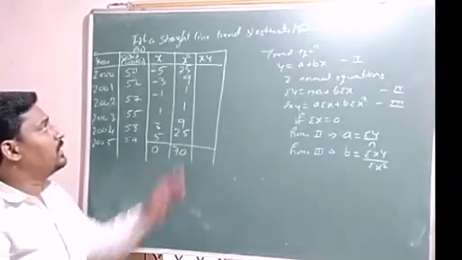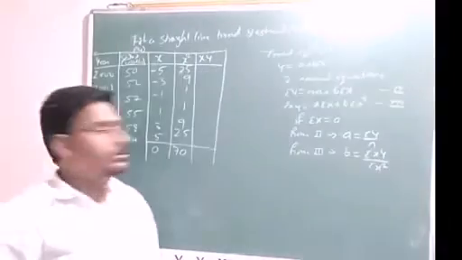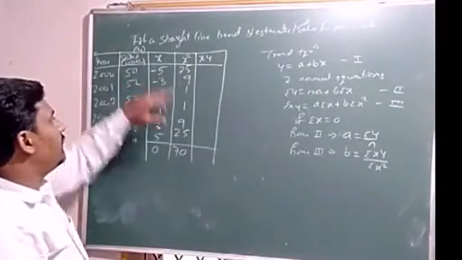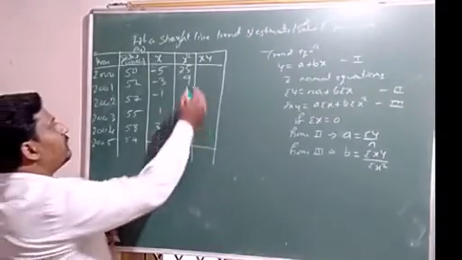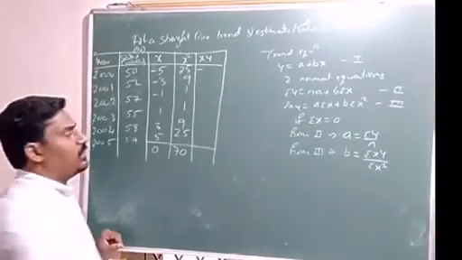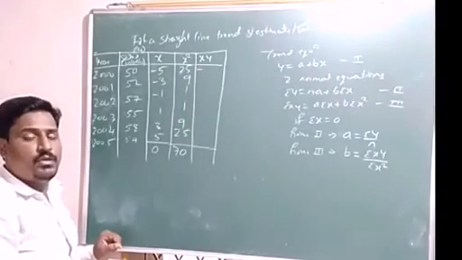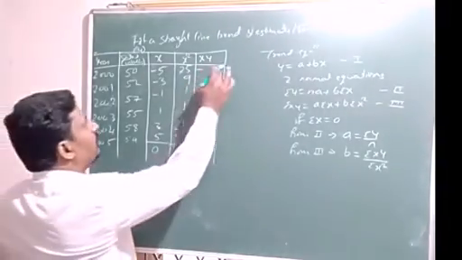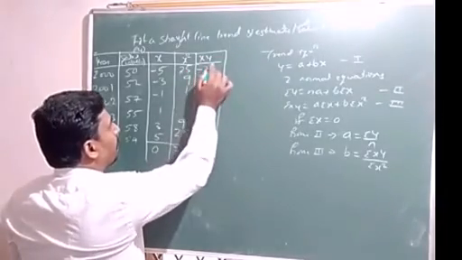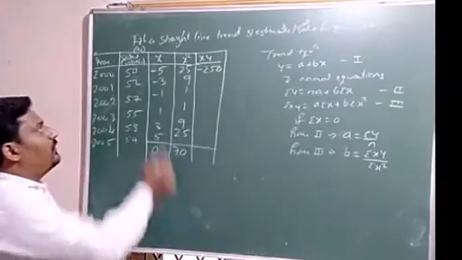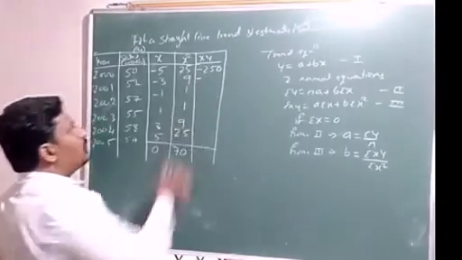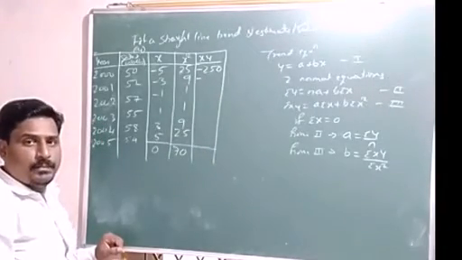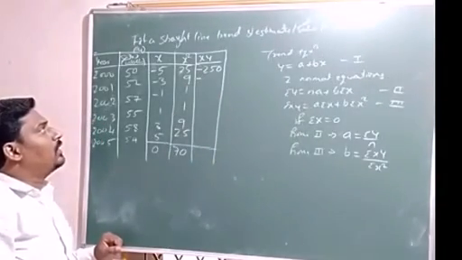Next column is xy. So 50 into minus 5 is a negative value, minus 250. Next, 52 into minus 3, again the value will be negative, so 52 into 3 is 156.